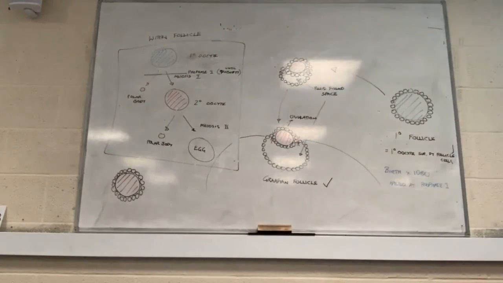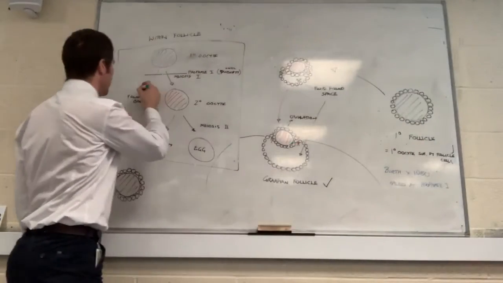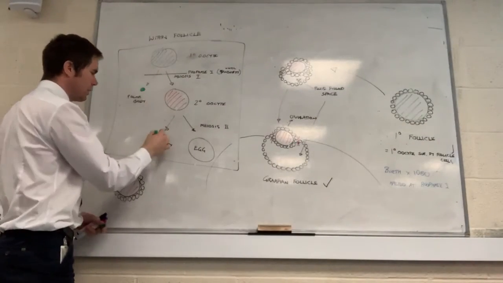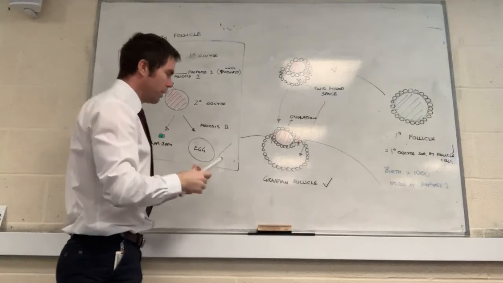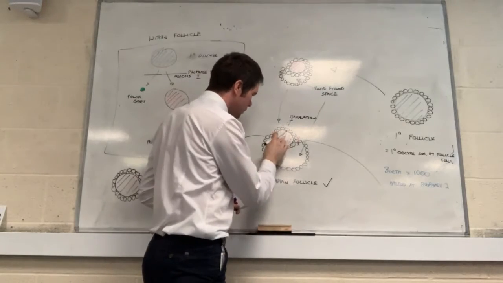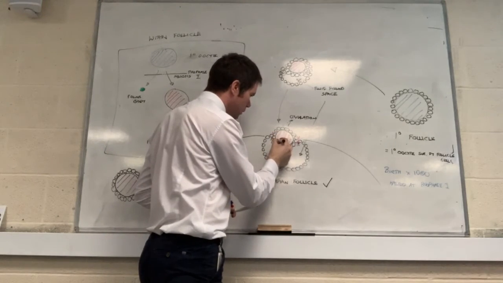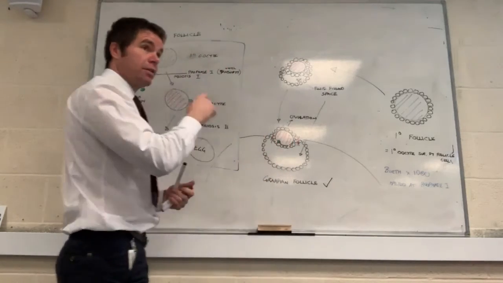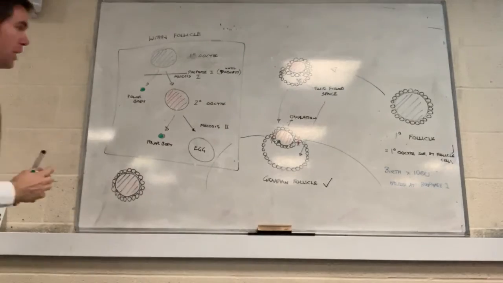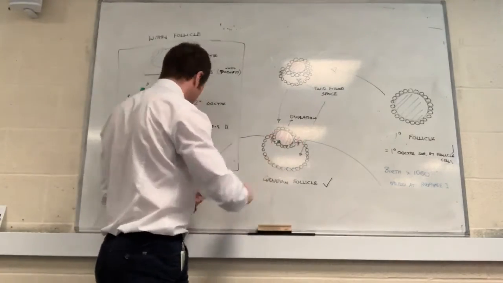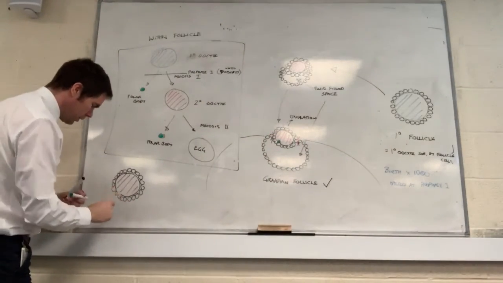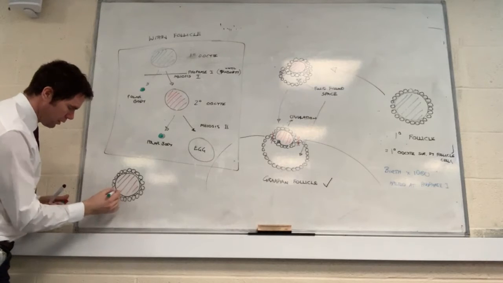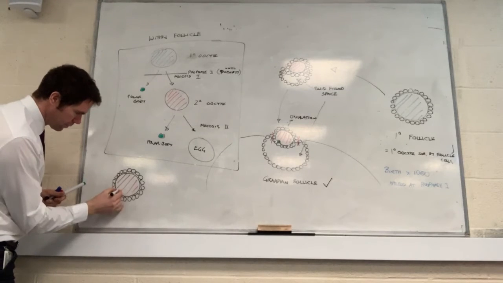So if I put that in green there, polar body, where would that polar body be? The polar body's there. It's still within that structure, and therefore it would still be in here.